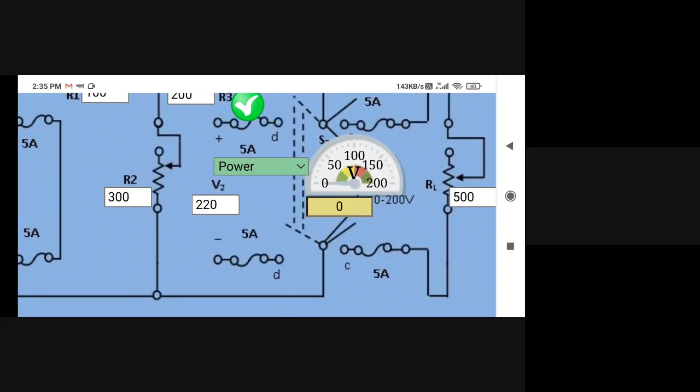While calculating RTH, we know that we have to remove the load resistance from the circuit. Now in the Simulink, we take the help of the intermediate switch, so that the 220 volt source will be active and your load resistance will be removed from the circuit, and across that point you will get the value of RTH.